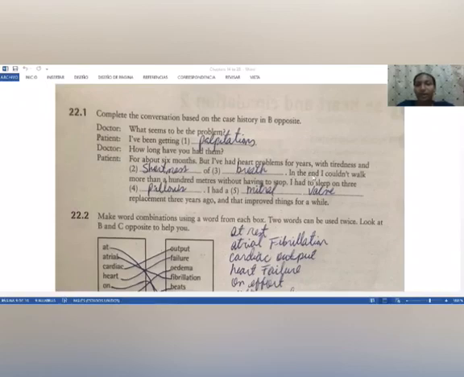In the end, I couldn't walk more than 100 meters without having to stop. I had to sleep on 3 pillows. I had a mitral valve replacement 3 years ago, and that improved things for a while.